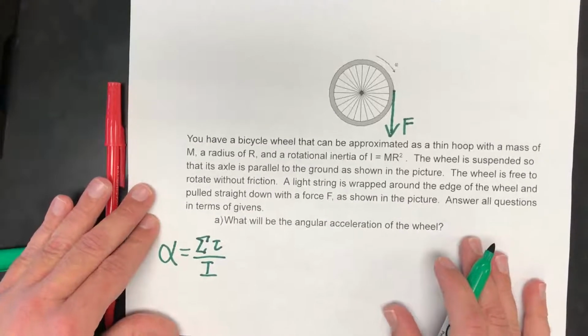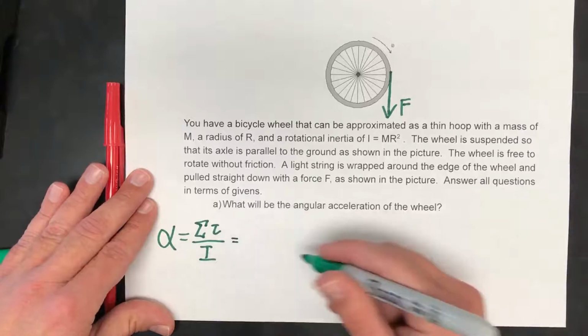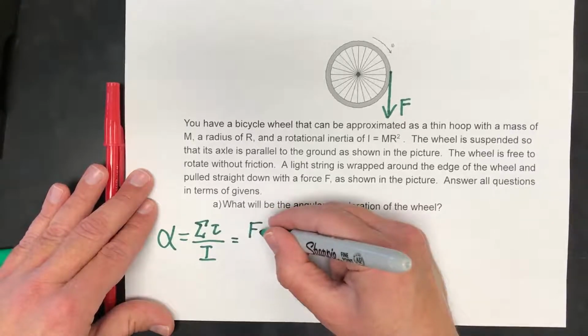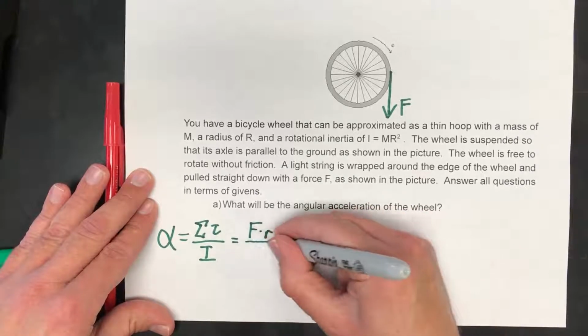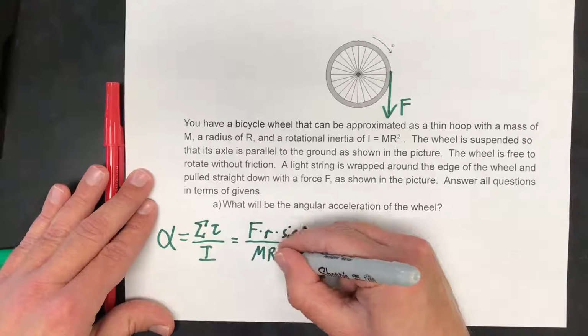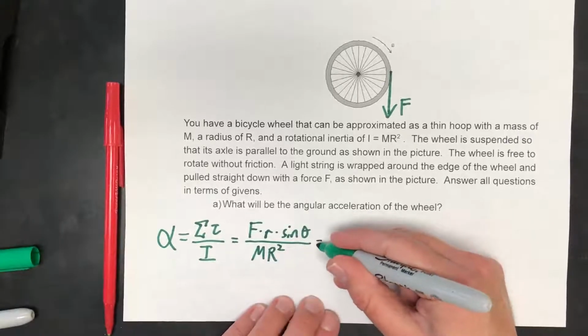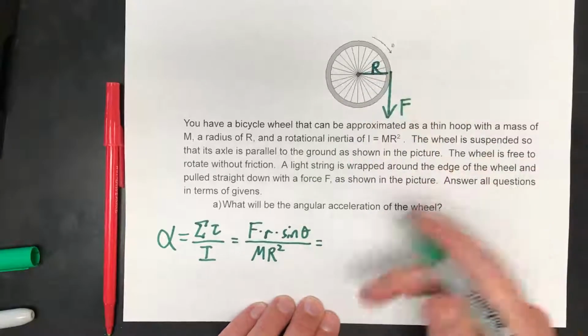Now let's start to plug in for those. So when we go to find our torque, that is going to be force times lever arm times the sine of the angle between those two, and our rotational inertia they gave us is mr squared. Well, if we look up here, the lever arm actually is the same thing as the radius of the wheel.